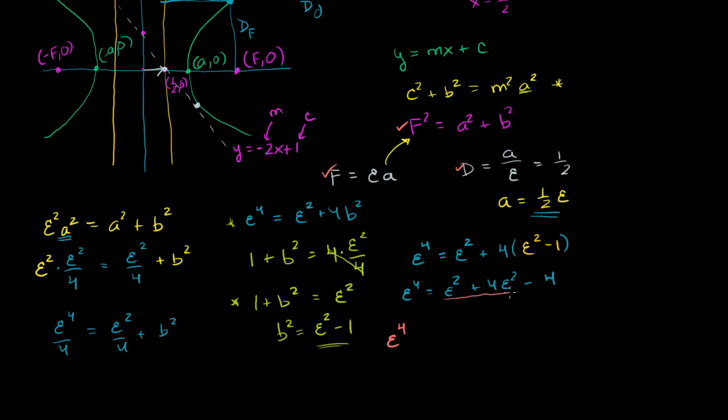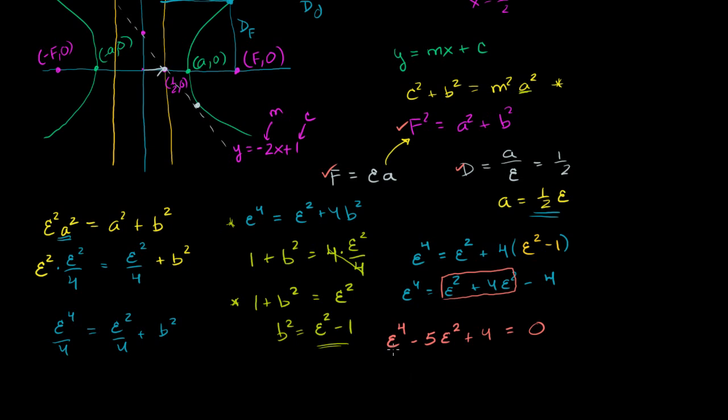These two over here, actually, let me merge them. This is 1 times eccentricity squared plus 4 times eccentricity squared. So this is 5 epsilon squared, or 5 times the eccentricity squared. We're going to subtract it from the other side. So it becomes minus 5 times the eccentricity squared. And then we're going to add 4 to both sides. So plus 4 is equal to 0.